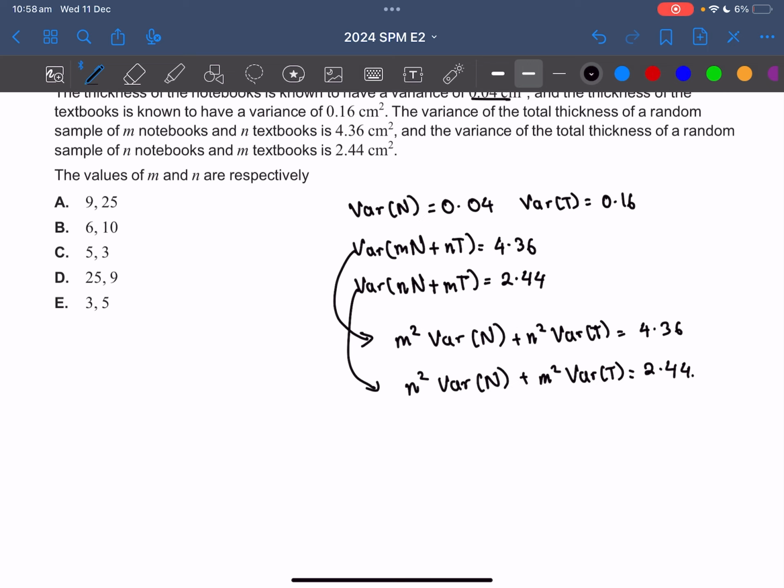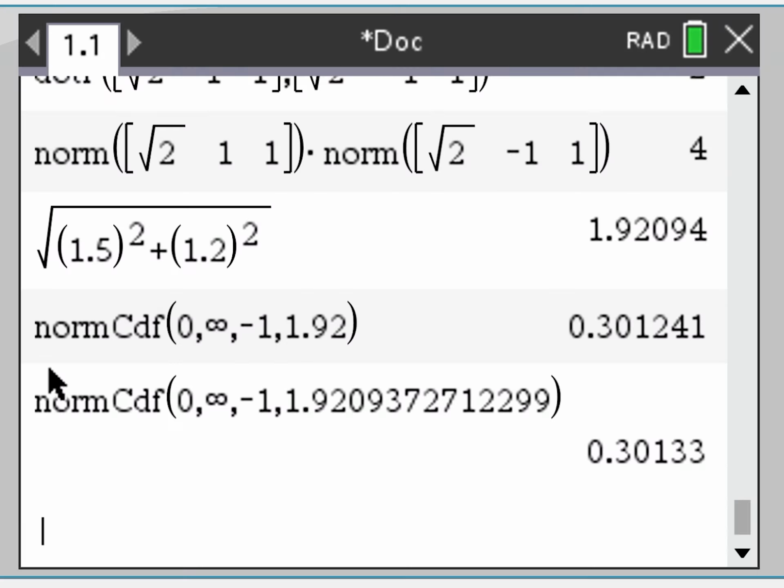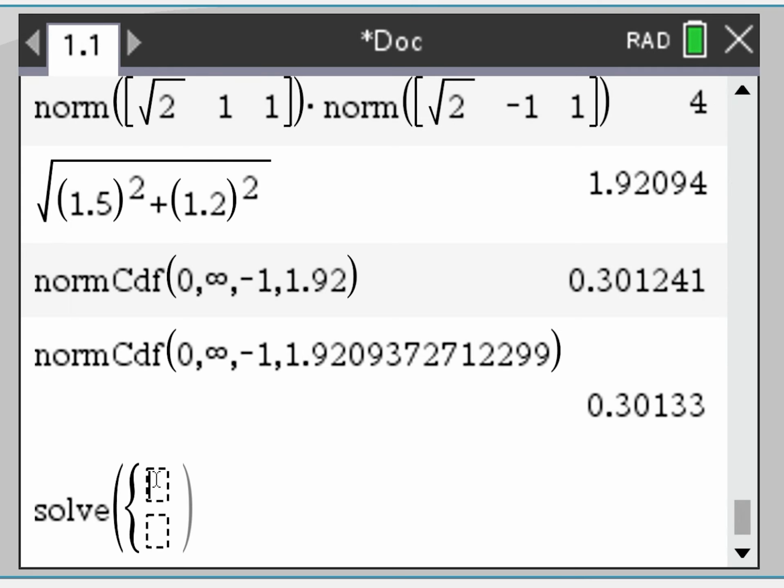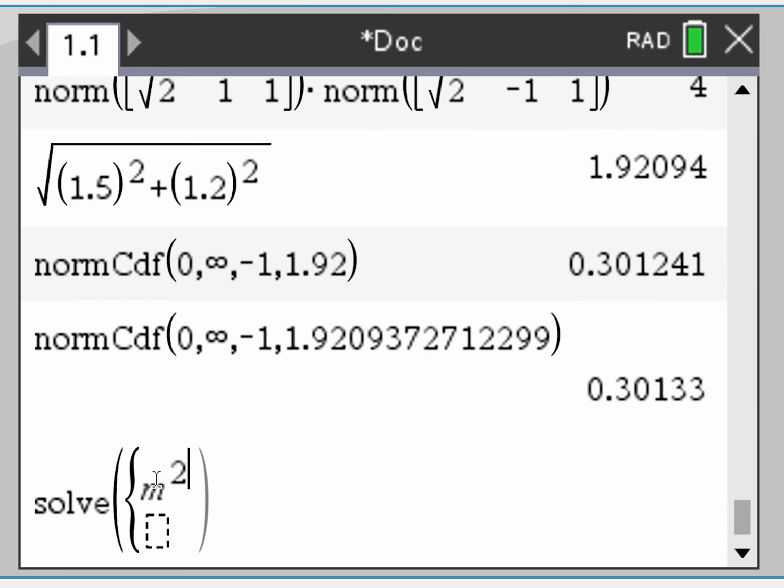Okay? So in that case, we know the variance of N, we know the variance of T, and we just have to find two variables. We are given two equations. We know what to do. Well, we can just simply solve this on the calculator. So we have M squared times, what is the variance of N? So 0.04, okay, plus N squared times the variance of T, which is 0.16.